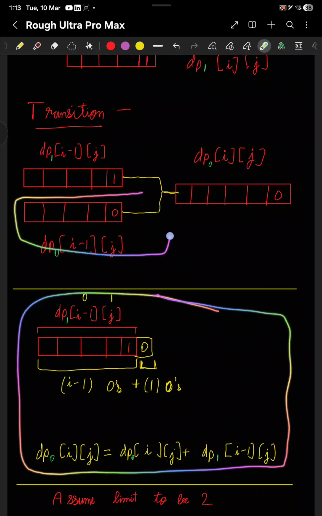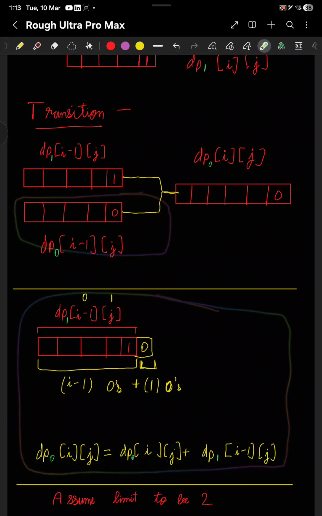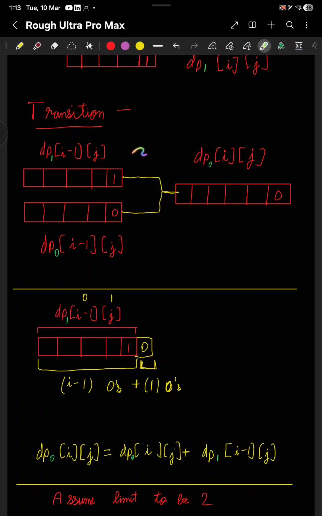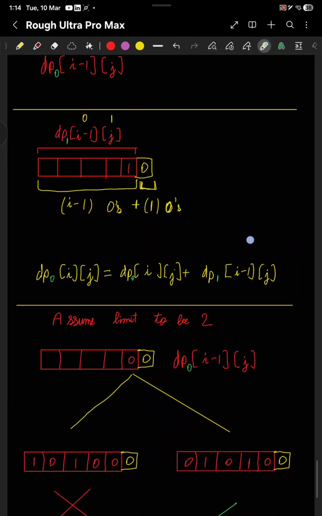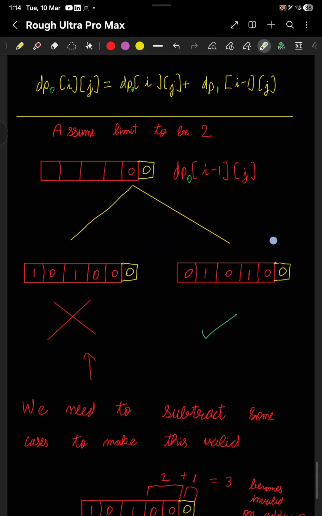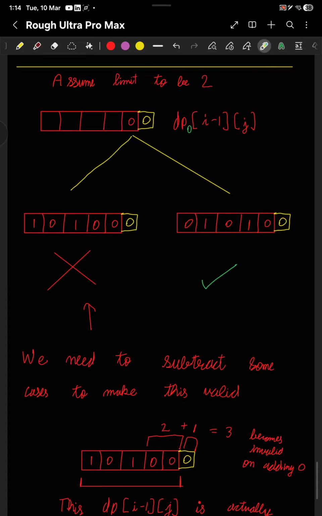Now let's consider this part, because we have just considered the cases of 0, 1 something type, and this could be some sub permutation and combination of valid array. So now let's consider this case. Let's assume the limit to be 2, so we could have two consecutive zeros or ones.